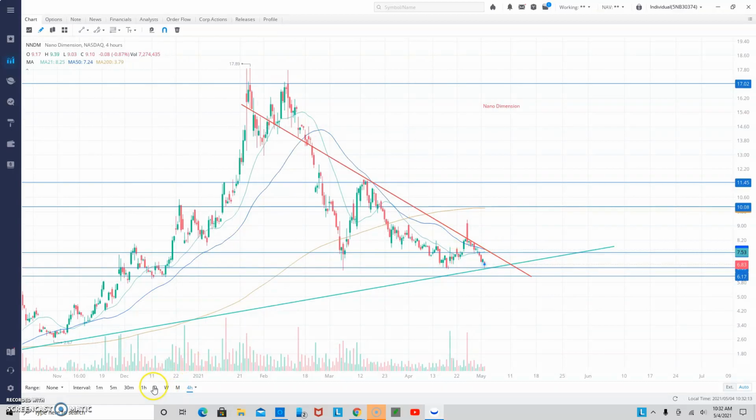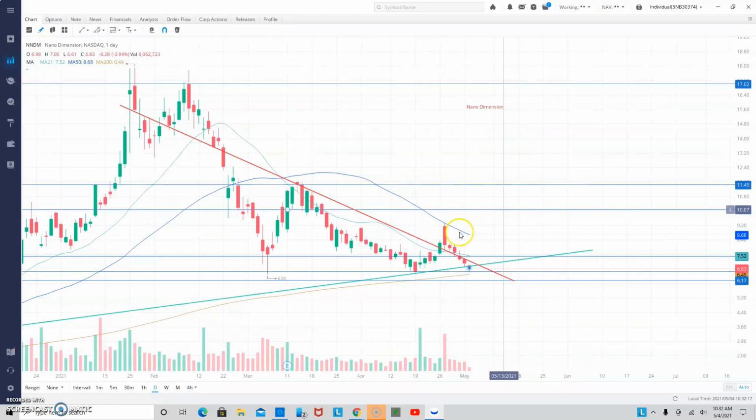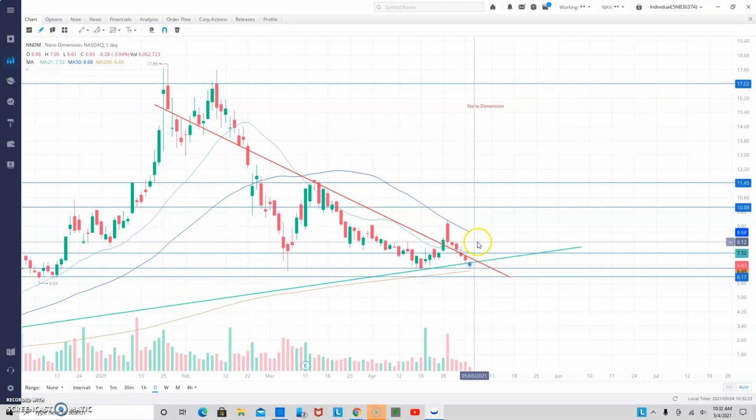I'm going to switch over to my daily chart and see what we could look at here. As you could see, it looks like we're breaking down our trend line, which is marked in the green here. We're dropping below that, so we might have to move that. I'm not sure.